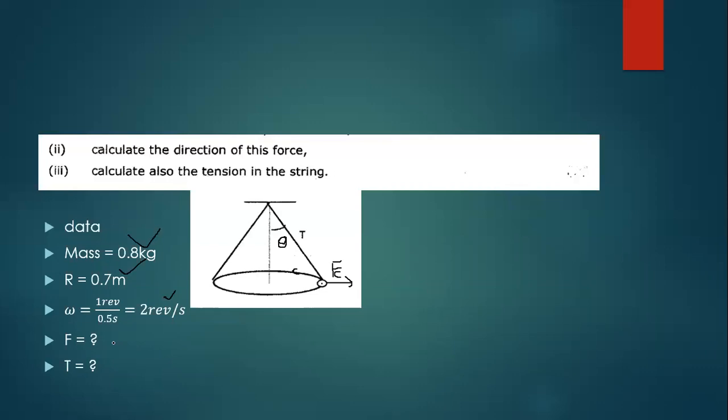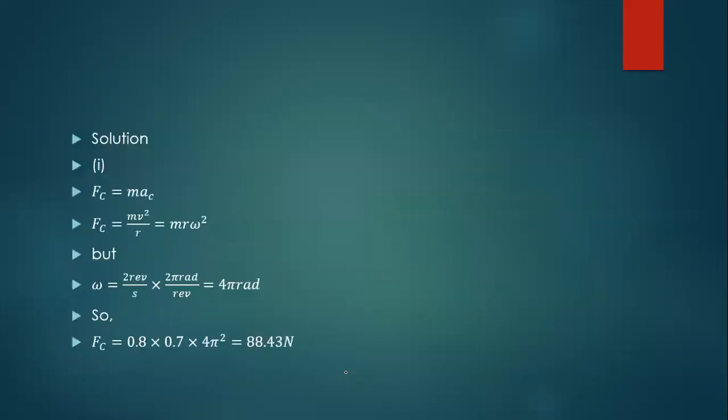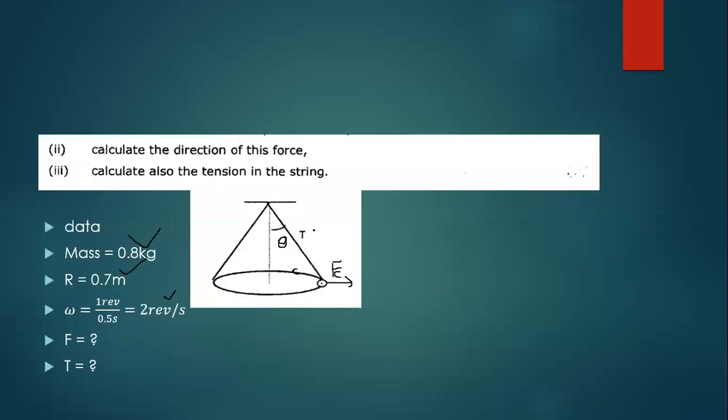So, we have determined our angular velocity. Now, remember the question is saying, calculate the force necessary to keep the mass revolving in this radius at this period. I already mentioned that that force will definitely be centripetal force.